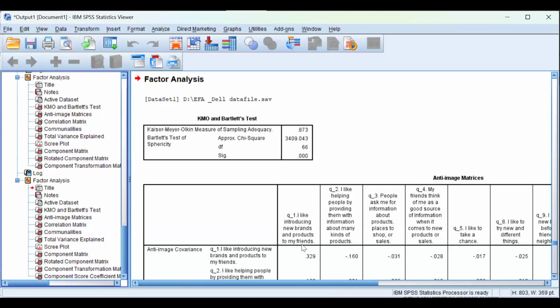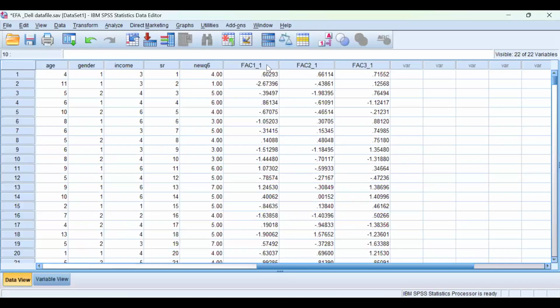Now if you check your data set, can you see these factors here, 1, 2, 3, the factors which you had extracted? These are the factor scores for correspondent 1, correspondent 2, and so on.